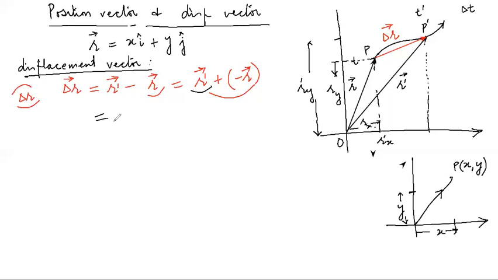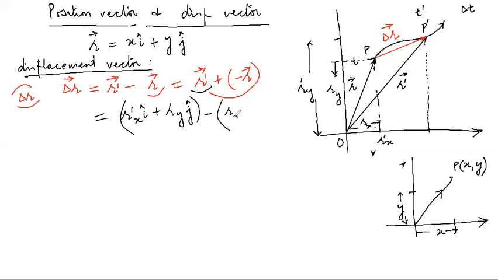So I say that the r dash vector can be resolved into its x and y components. I can write r dash x i cap plus r dash y j cap. This completely represents this vector. Now, what is the r vector?